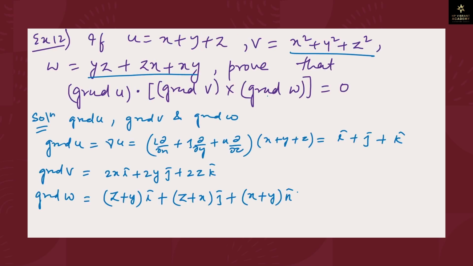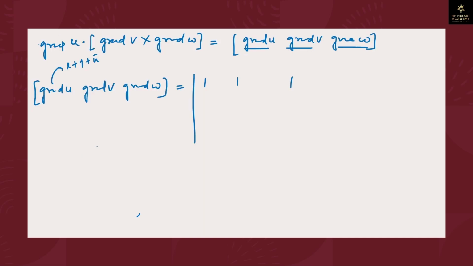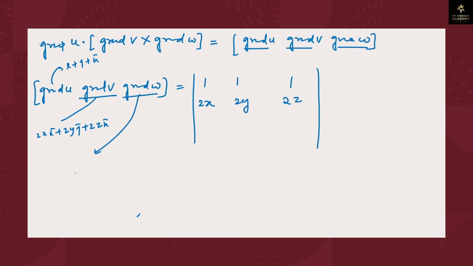Gradient of v is 2x i cap plus 2y j cap plus 2z k cap, so the coefficients are 2x, 2y and 2z. The gradient of w is y plus z i cap plus z plus x j cap plus x plus y k cap.